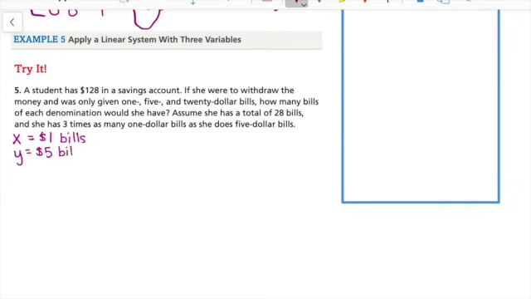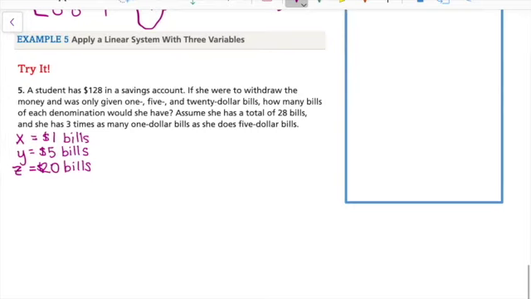Okay, so let's let X be $1 bills. Let's let Y be $5 bills. And let's let Z be $20 bills. I don't know what their problem is with $10 bills, but there are none of those in this example. Okay, so the student has $128 total.